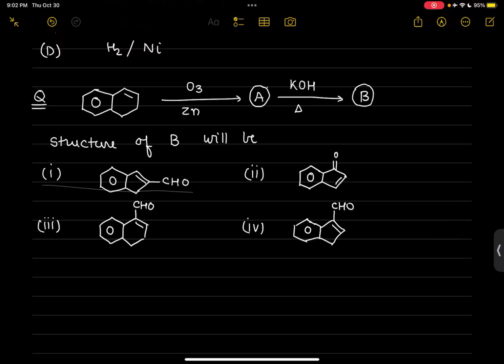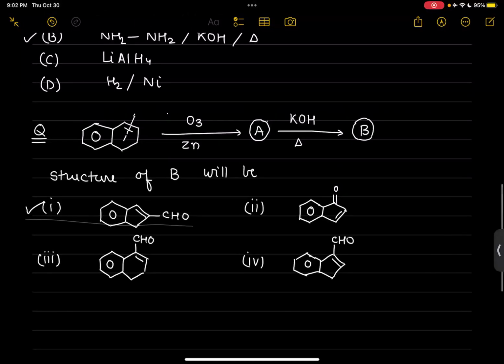Option A, yes, correct answer. So how are we going to do it? First, we are going to cut the double bond. Clear? If you cut the double bond, you are going to get double bond O on each side. That is what ozonolysis is. So look for the fragments which are separated by cutting of the double bond through ozonolysis.